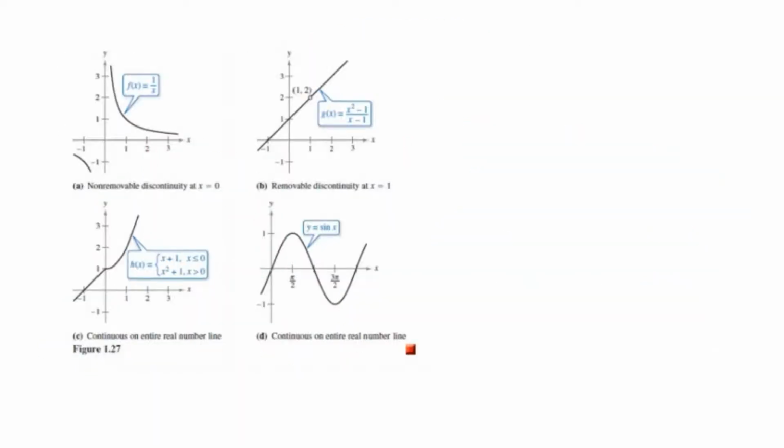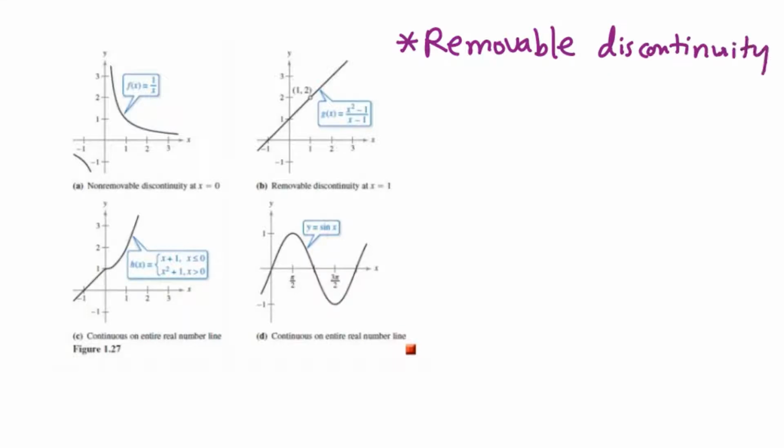Okay, there are two different types of discontinuities. One is called removable discontinuity, which means you can actually make the graph continuous.